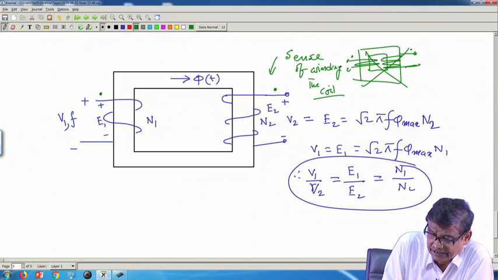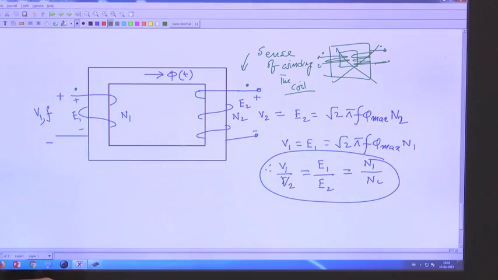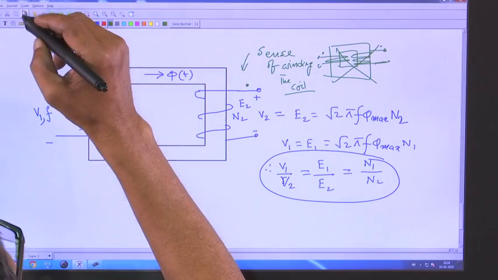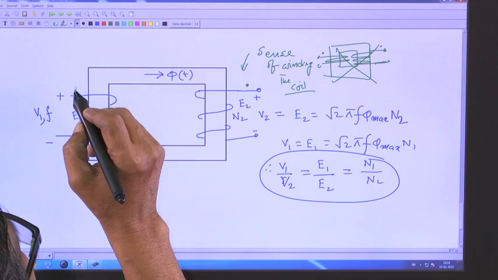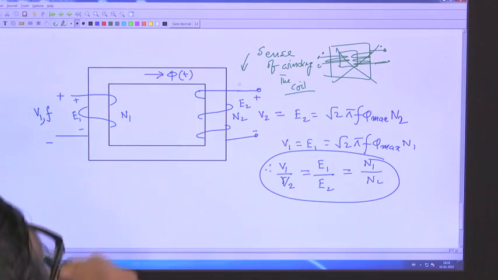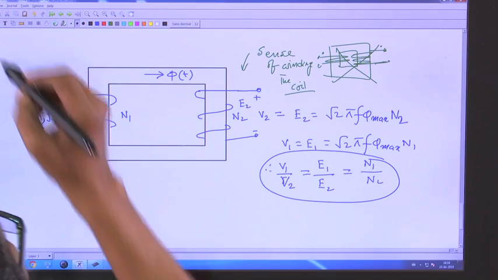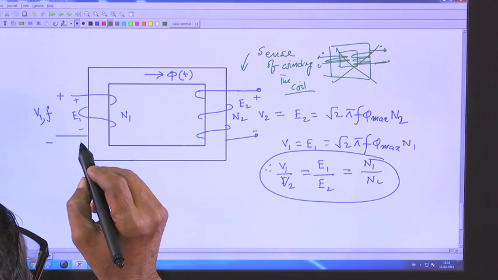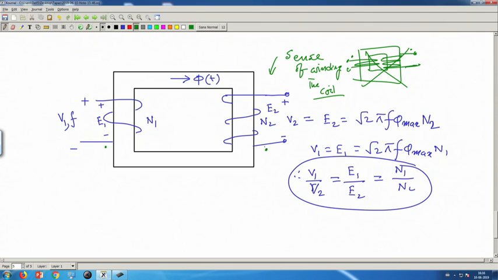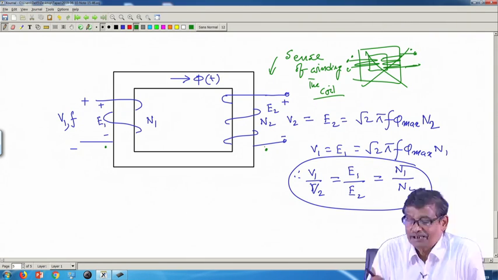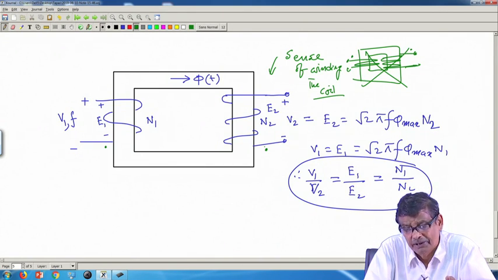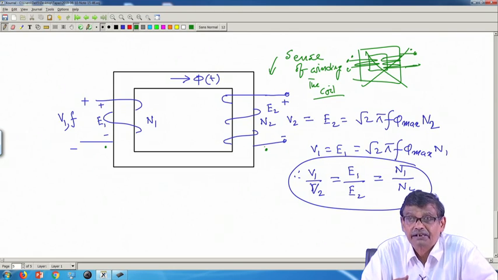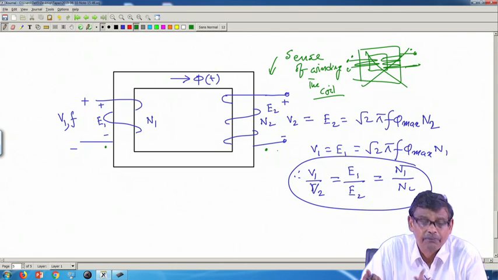For example, if you say this is plus, this will be plus. For the same transformer, suppose I remove this dot. If somebody says this is the dot, then he is also correct. Like terminals: if this is minus, that will be minus. Whenever it becomes plus, because polarity reverses, this will also be plus.